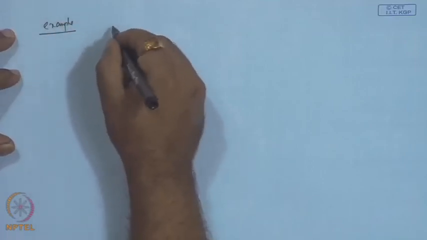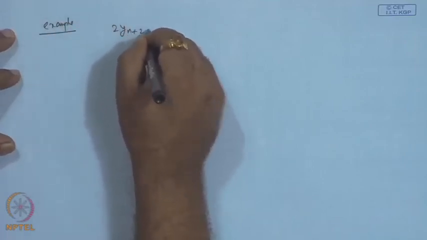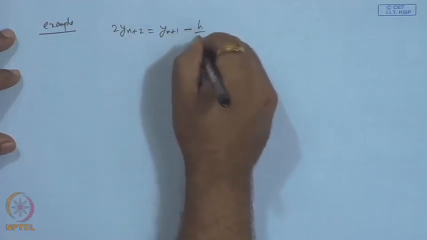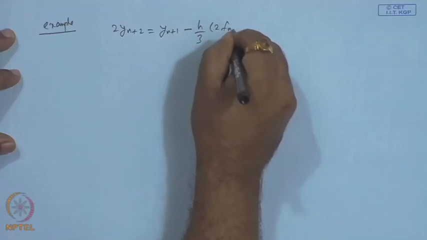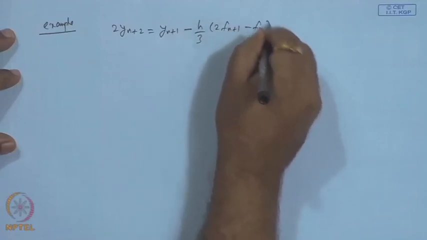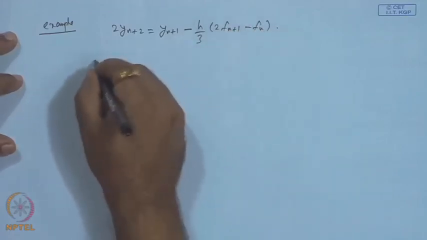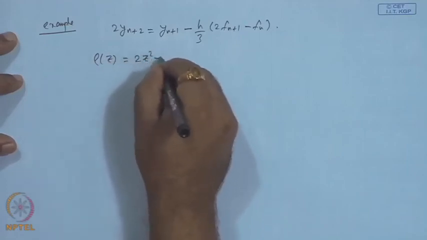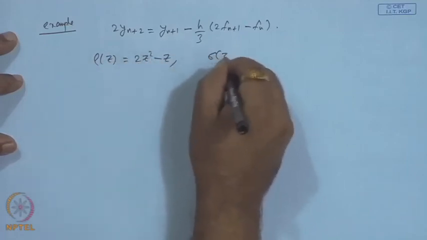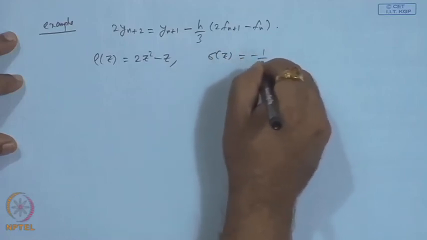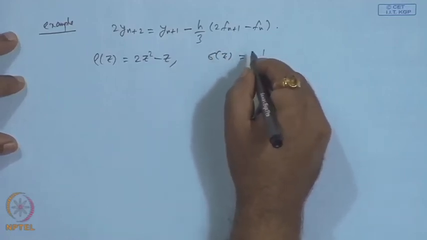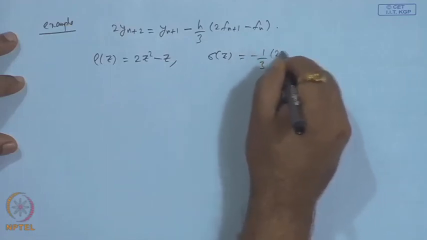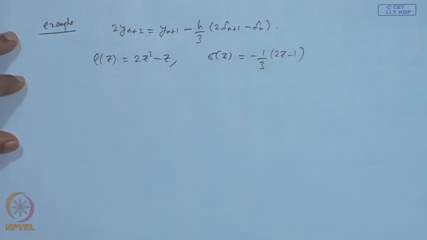So, for example, so we have this and we have, okay.